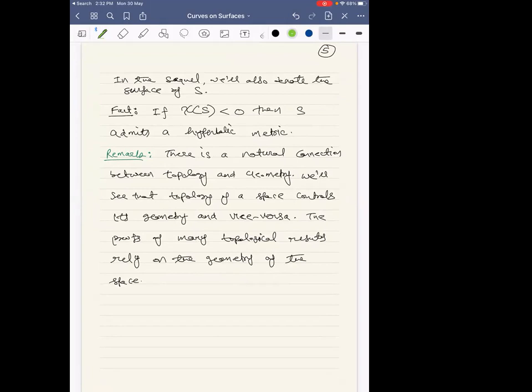This will be seen in many of the topological proofs, where you will see that the proofs many times rely on the geometry of the space, on what kind of geometry the space admits. Arguments many times go to the universal cover and argue there. So geometry will be widely used for many proofs which look very topological in nature, but geometry will be helpful.